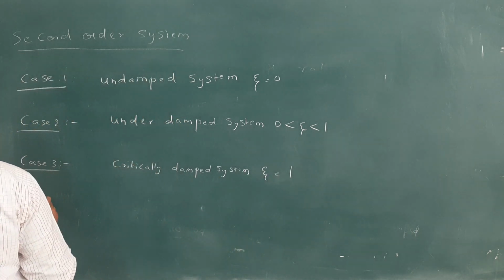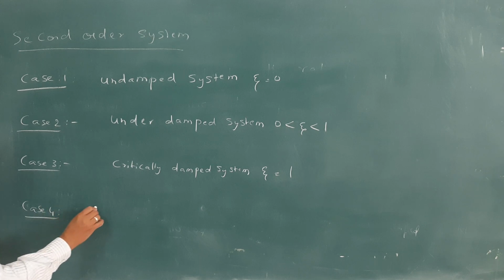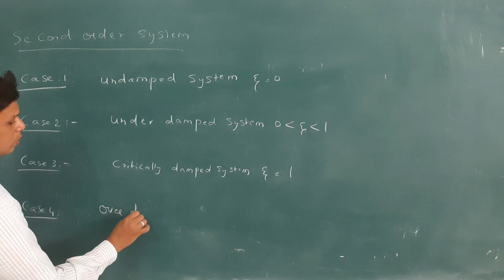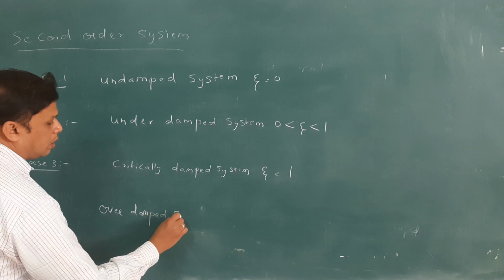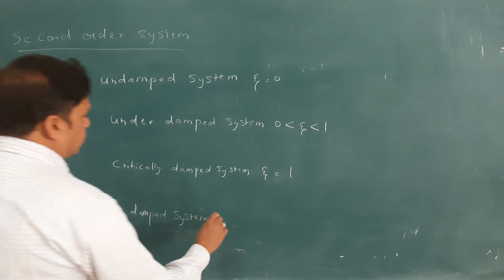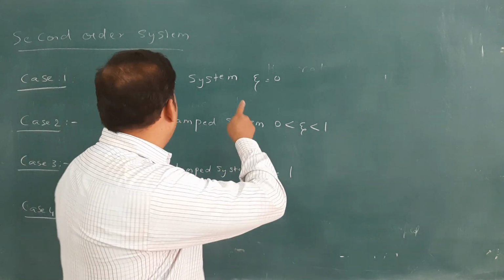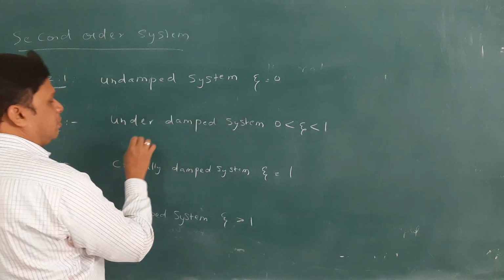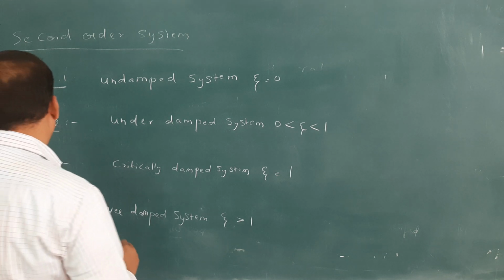Next, case 4, overdamped system. In the overdamped system, zeta is always greater than 1. So here, according to the value of zeta, they are classified as undamped system, underdamped system, critically damped and overdamped system.